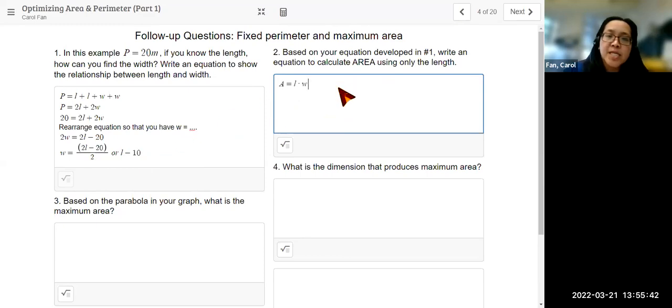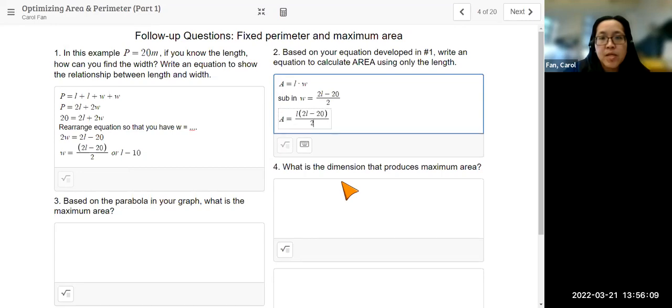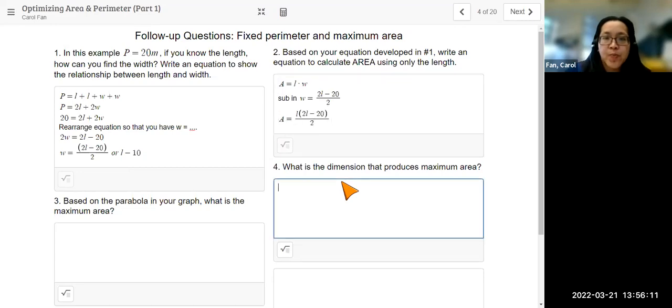So let me substitute in what I have here. So I could say area is equal to length times 2L minus 20 divided by 2.